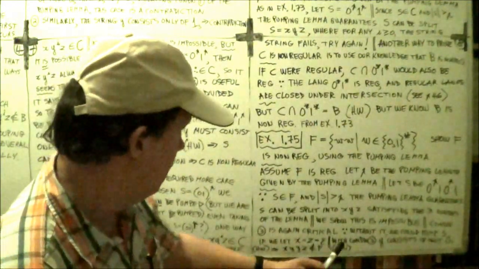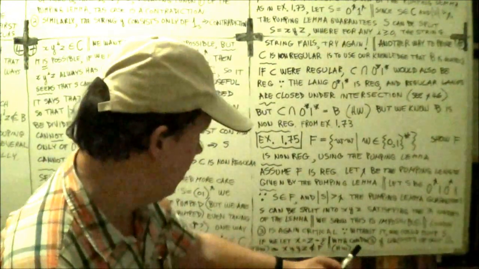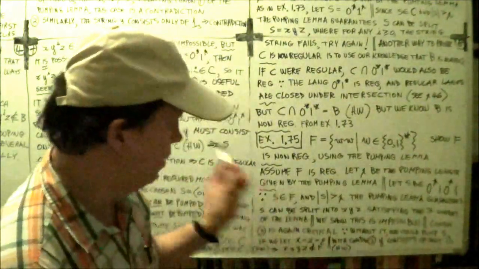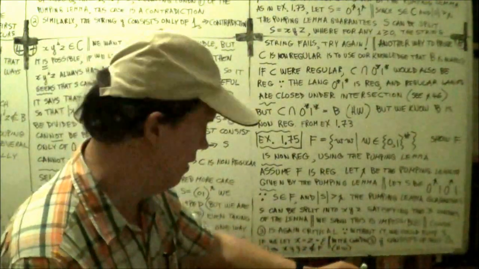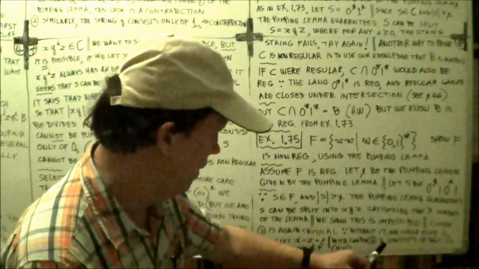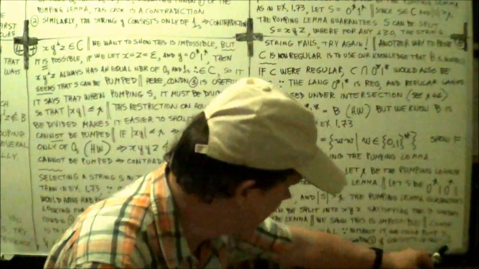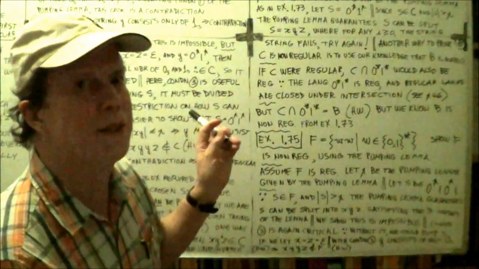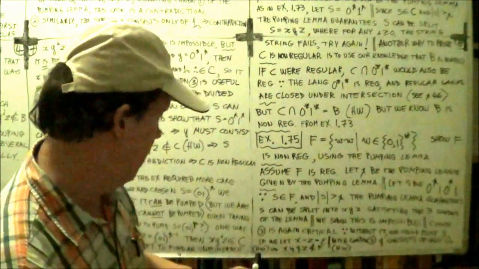But with condition 3, y has to consist only of zeros, so it's the same remark as in the previous example.